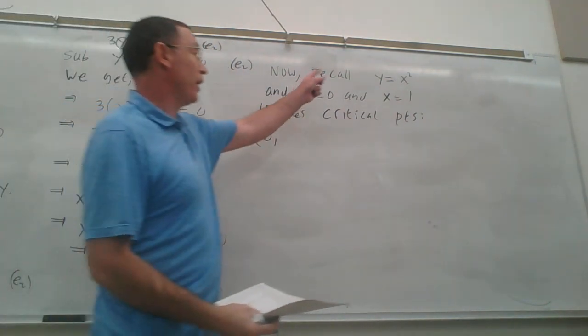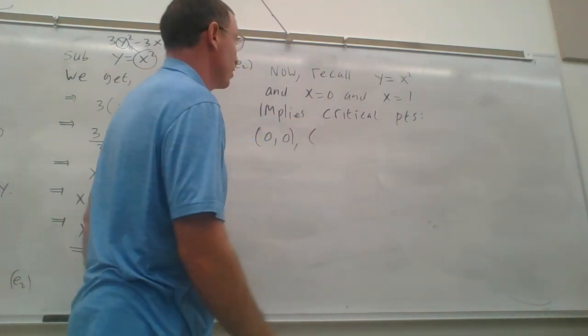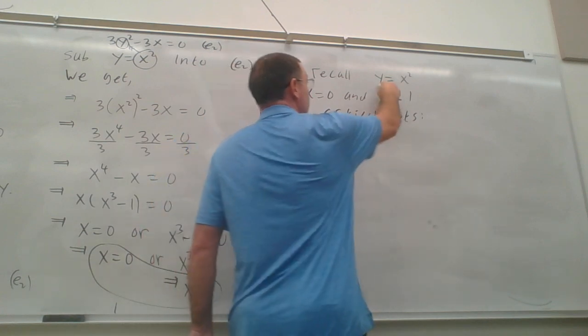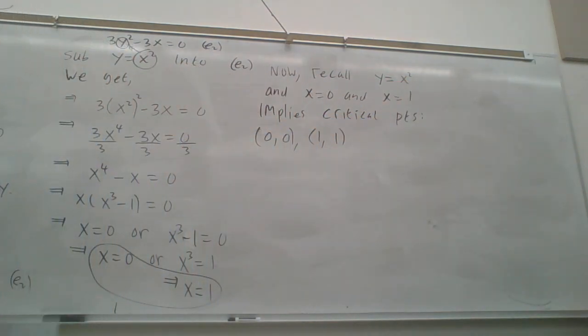Now y equals x squared, so that means y would be 0 in that case. And x could be 1, but y is equal to x squared, so y is 1. We have 2 critical points. So we now have to decide whether these will be relative max, mins, or saddle points.